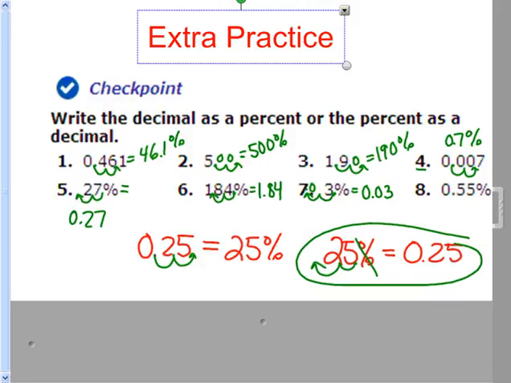And finally, here's a percent less than 1%, 55 hundredths of a percent. Same steps. I'm going to move my decimal point to the left twice, giving me 0.0055 as my decimal. So that's the end of examples 1 and 2 and extra examples. At this point, you should be able to do your checkpoint questions in your note-taking guide.